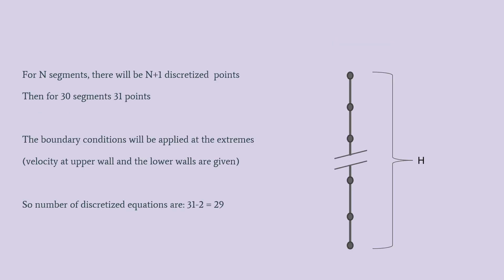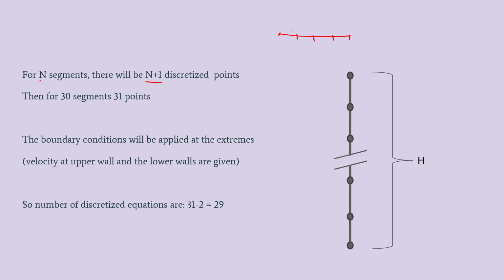Okay, so it is for n segments. The general rule is that if we are discretizing into n segments, then there will be n plus 1 discretized points. So this is a line, and we are discretizing it into four equal parts. This is the initial point, first section, second, third, and the end point.